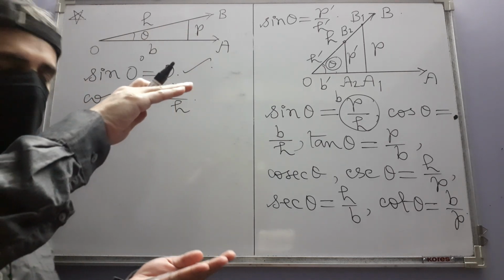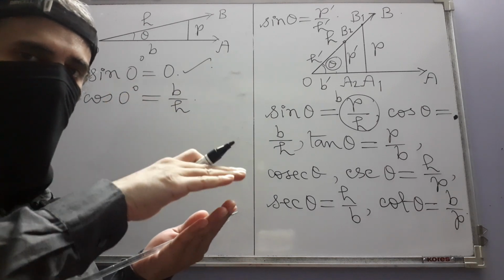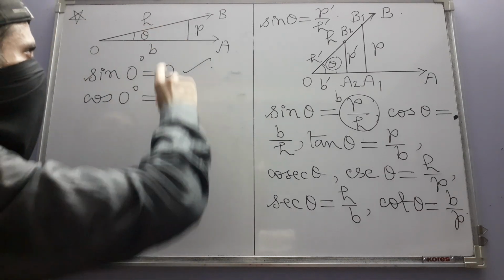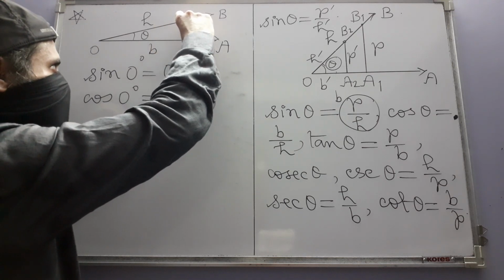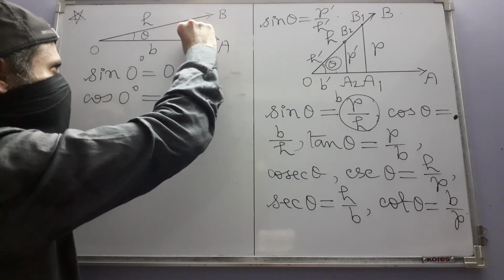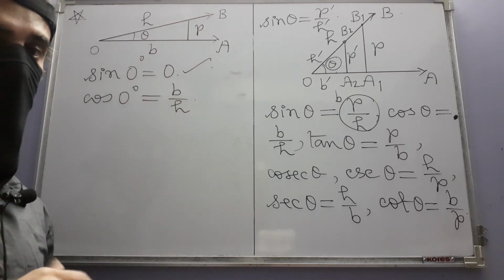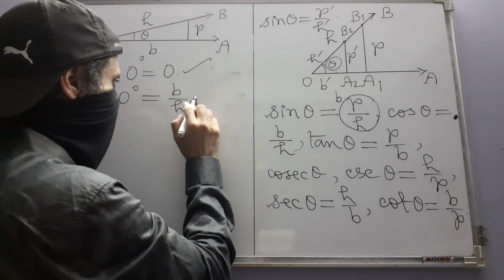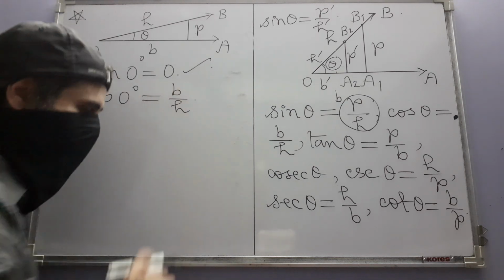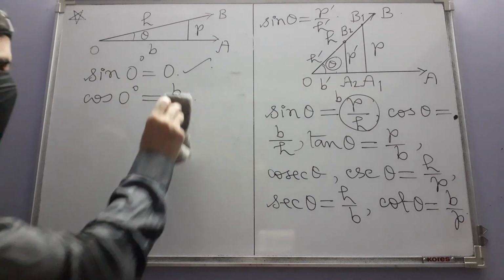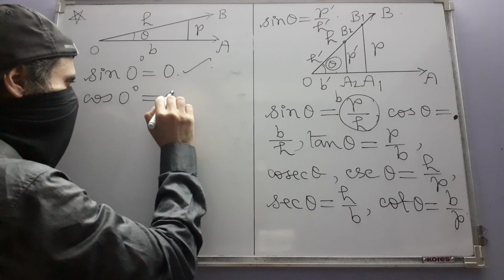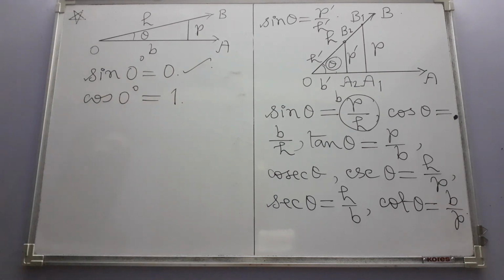But you can imagine that as the angle gets smaller and smaller, this difference itself becomes smaller and smaller. H tends towards B. And that is why it's reasonable to define cos 0 degree to be 1.